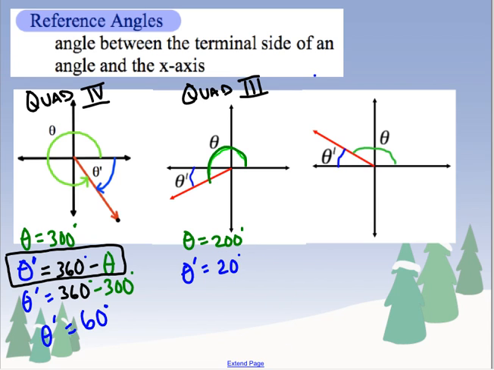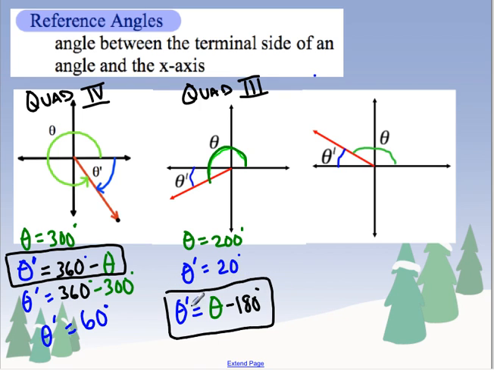Okay, now again, if you like your formulas, your reference angle would equal the angle that you were given, which was 200, and then we subtracted off 180 degrees. So that would be your formula, if you want one, when you're in quadrant 3.